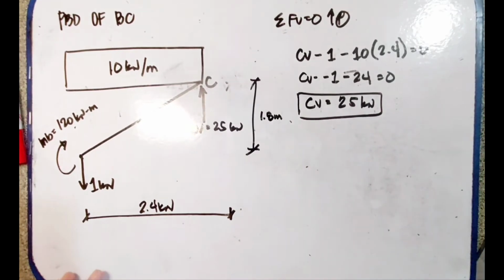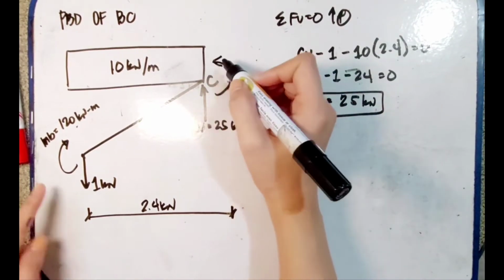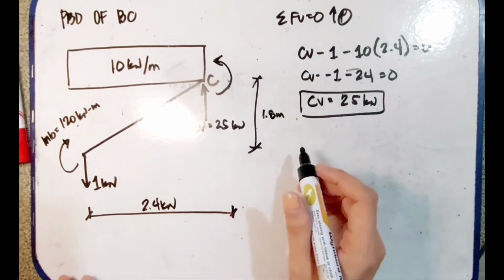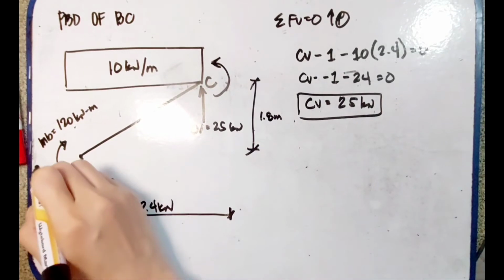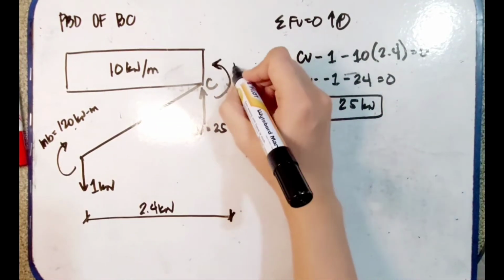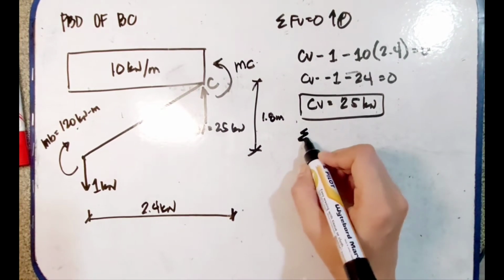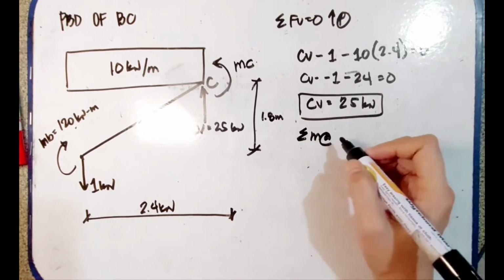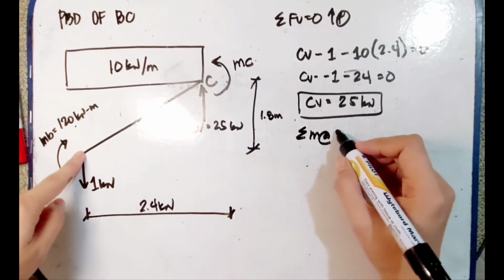Okay, next. Kunin natin yung moment sa C. Sa moment ng C, kung ano ang direction nito, dapat lagi siyang opposite. Kung ito ay clockwise, ito naman ay counter. So, that is MC. So, unknown pa rin yung MC natin. So, pwede tayo mag-summation moment at okay, pwede tayo mag-moment kay B. Ito.